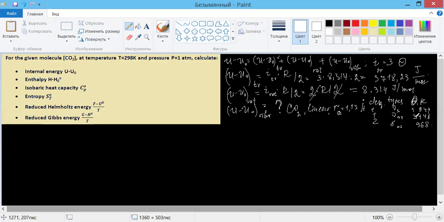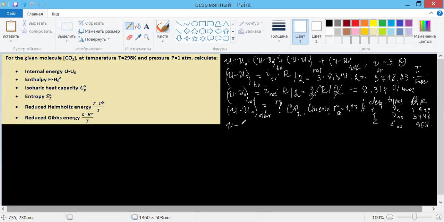Now in order to complete the calculations, we should remember the formula. We need to calculate the vibration components for each type of the vibrations. I mean to say that we will have three components of the vibrational component of the internal energy. So let's do it for the first one.